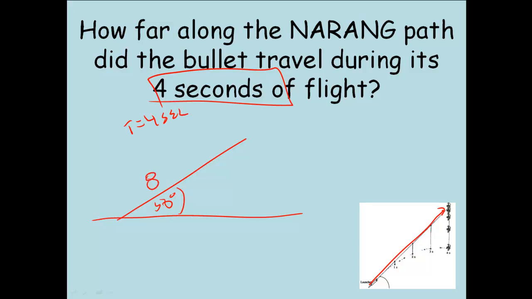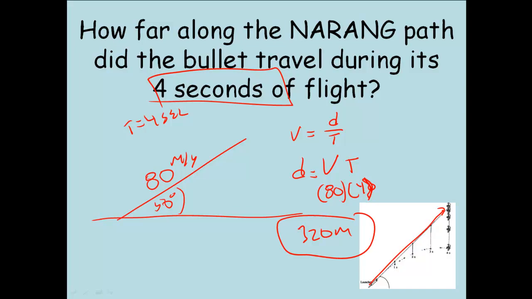We know it's traveling a velocity of 80 meters per second. Well, we know the velocity is distance over time. Therefore, distance is velocity times time. The velocity is 80. The time is 4. And therefore that comes out to 320 meters. There you go.